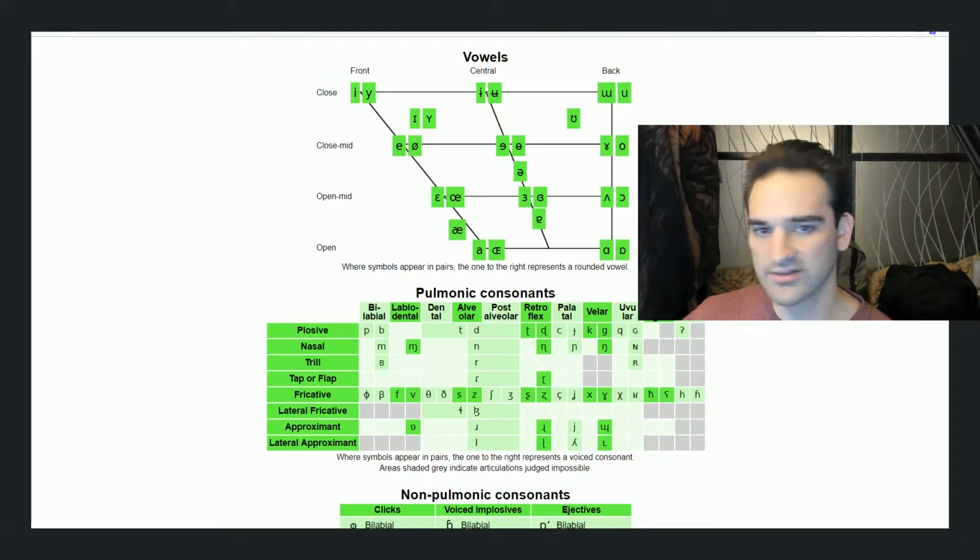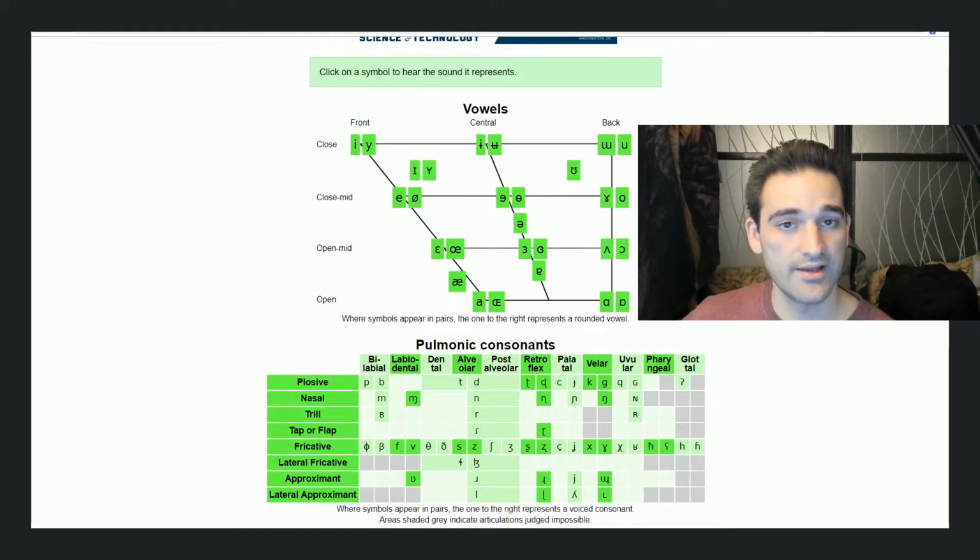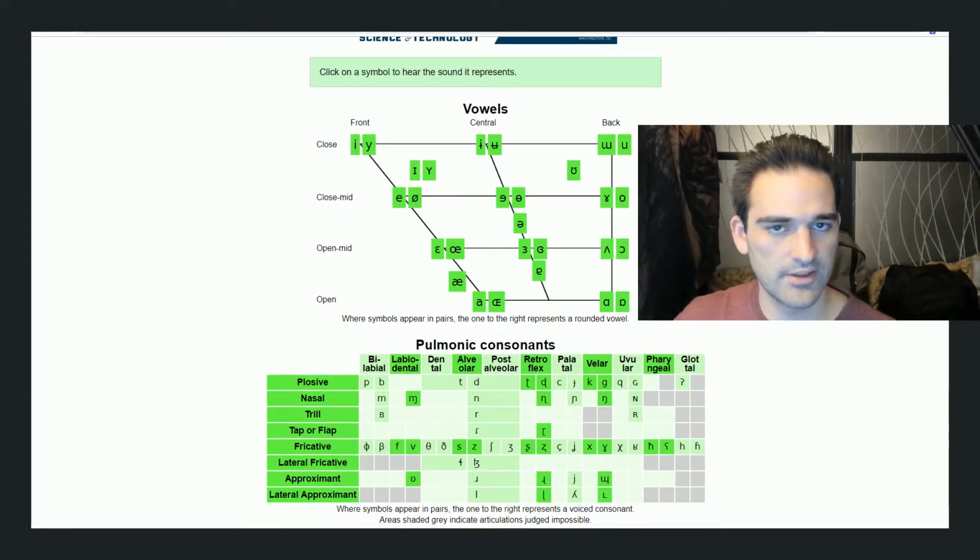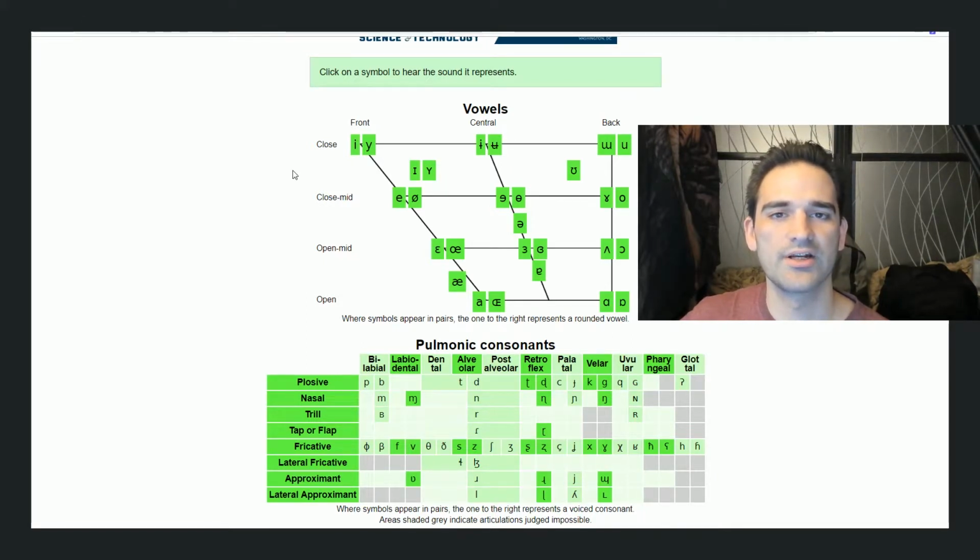We may not need to get into all of those just yet, and many of these will not appear in most English words, at least as North Americans would pronounce them. Some of these will only appear in certain languages. So we're just going to keep this simple, just so that you know this is here.